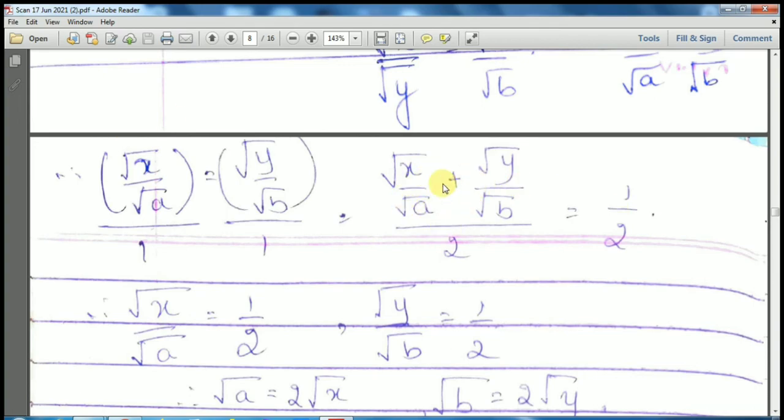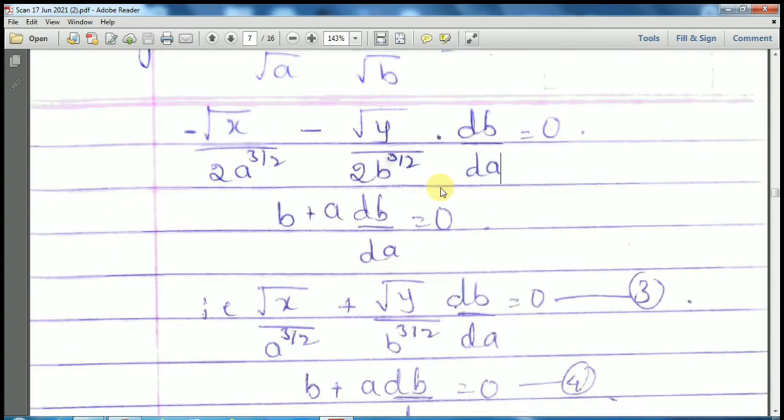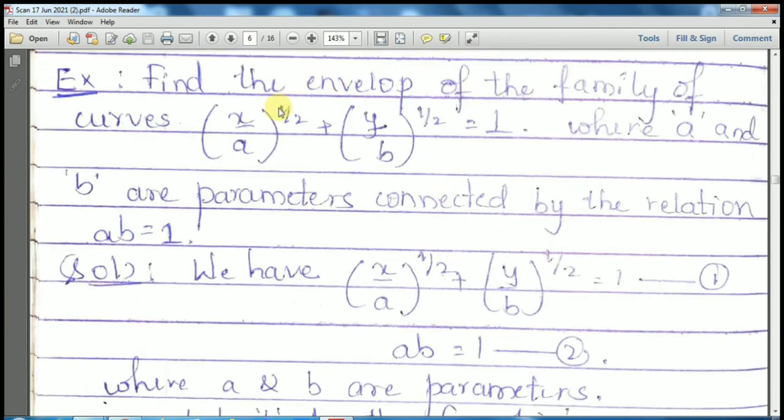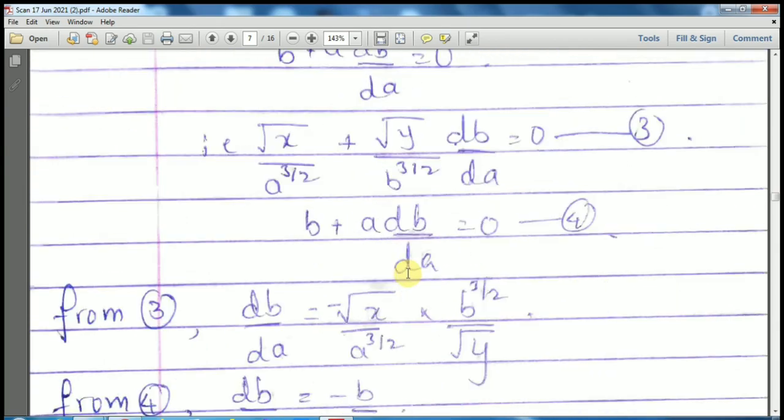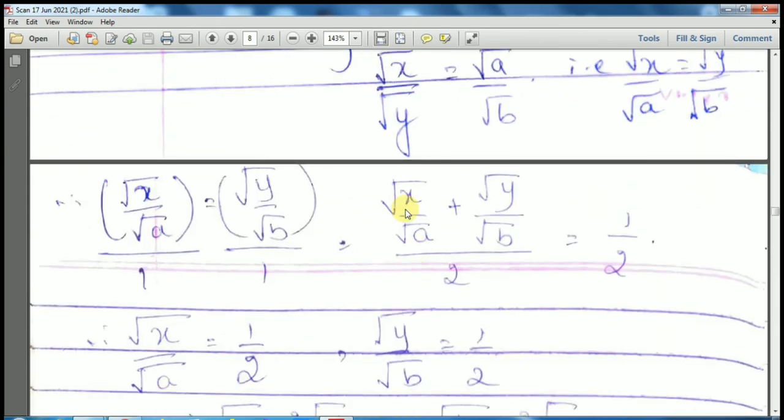But from the condition they are giving, root x by a whole raised to 1 by 2 plus y by b raised to 1 by 2 is 1. That is root x by root a plus root y by root b equal to 1. We got the same term in this case also, root x by root a plus root y by root b, but this is given as 1, so the ratio is 1 by 2.